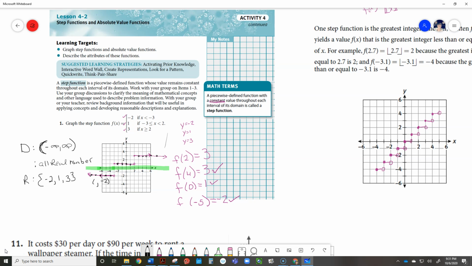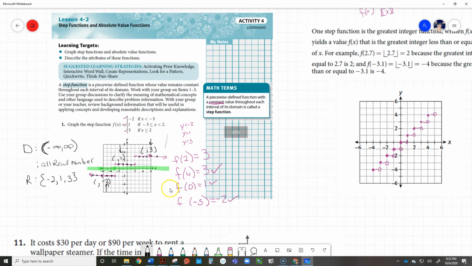In this little section right here, all of the y values would be 1, and in this section right here, all of the y values would be 3. So those three numbers are the only three numbers in our range, because all of the ordered pairs in the entire function, and there are infinitely many, have only those three y values.